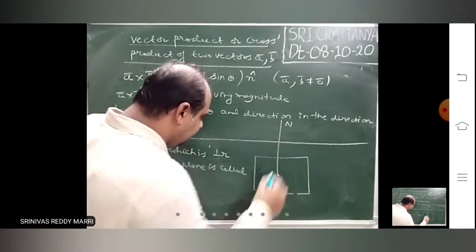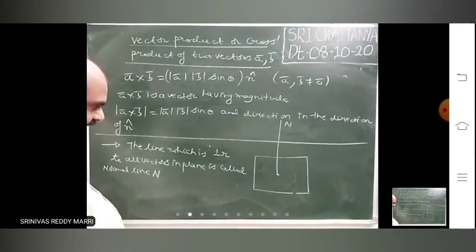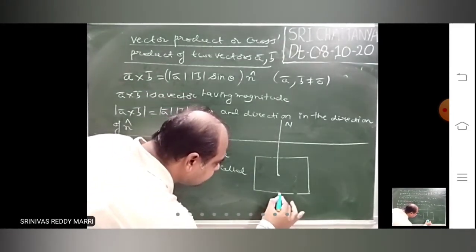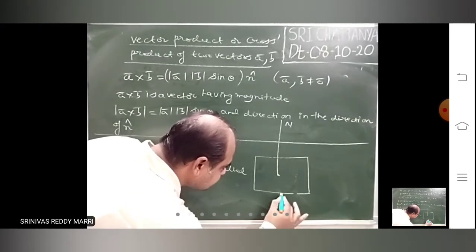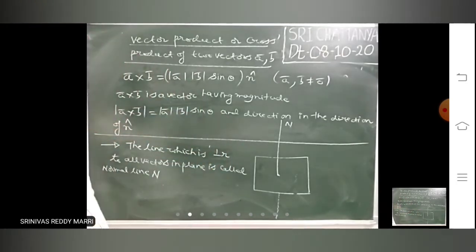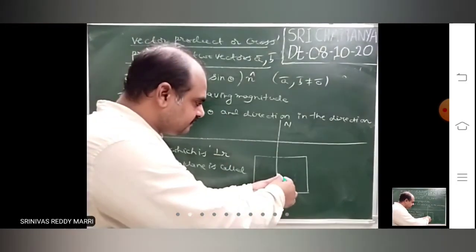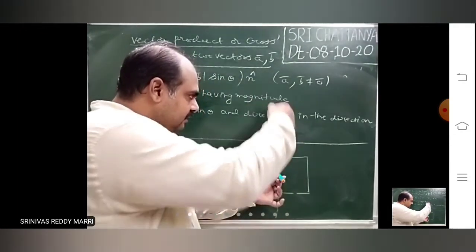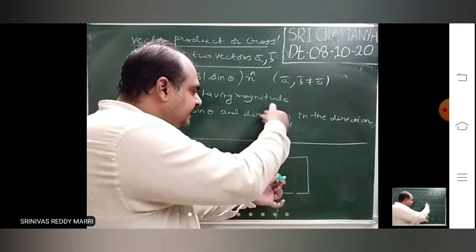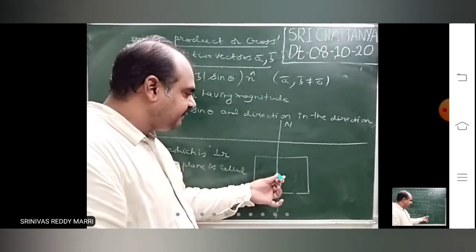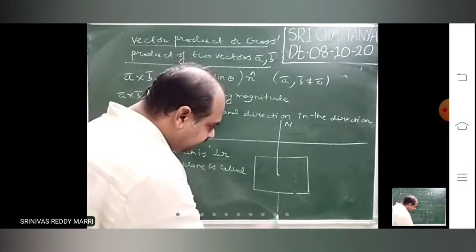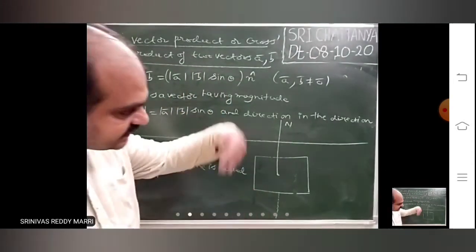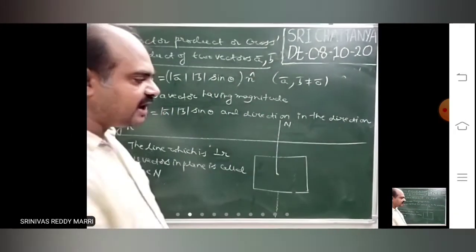So this is normal line N. It will intersect and then go that side. That side I am drawing with dotted lines. Dotted lines indicate that side. So this is the normal line.